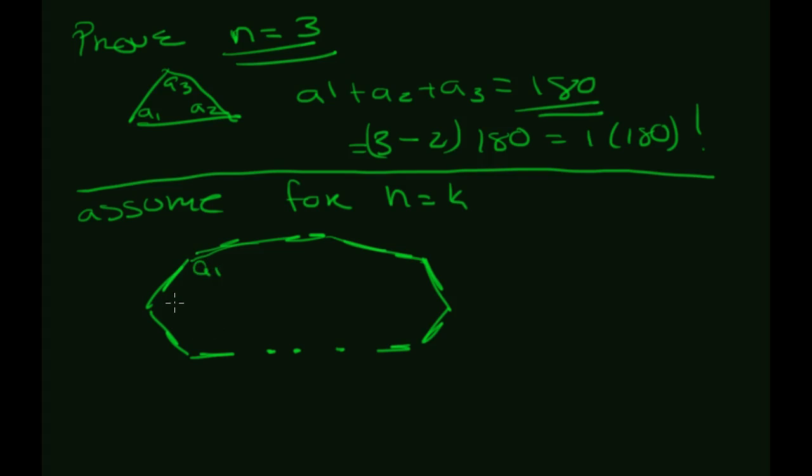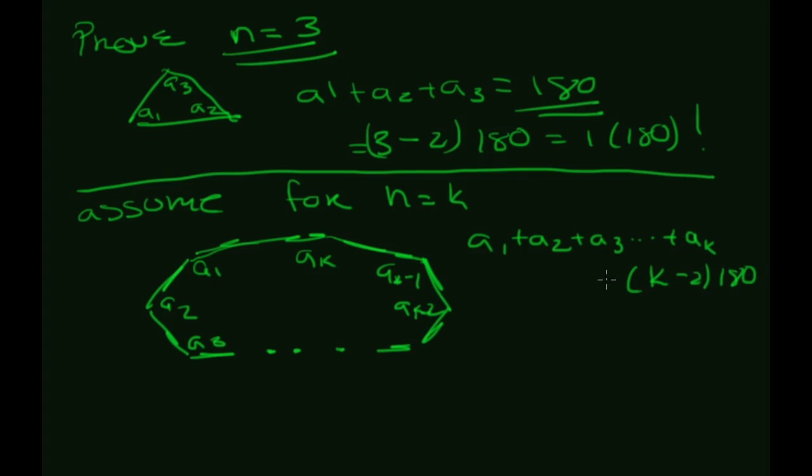So I have a sub 1, a sub 2, a sub 3. This one is a sub k. This one is a sub k minus 1, a sub k minus 2. And the argument is that if I add these up, a sub 1 plus a sub 2 plus a sub 3 out to a sub k, I should get k minus 2 times 180.